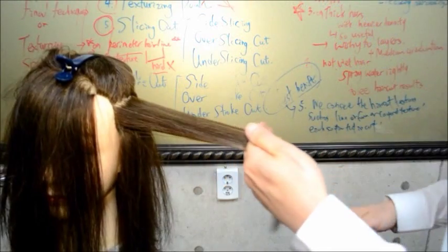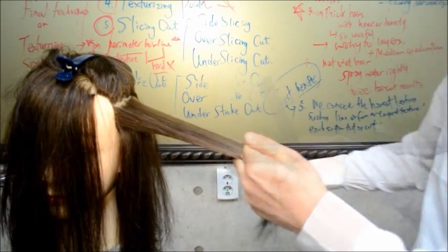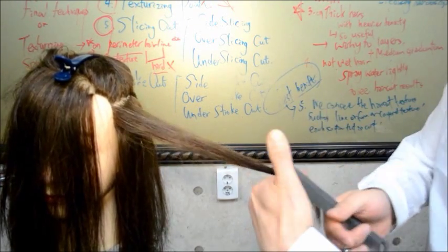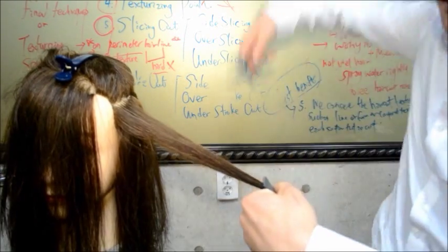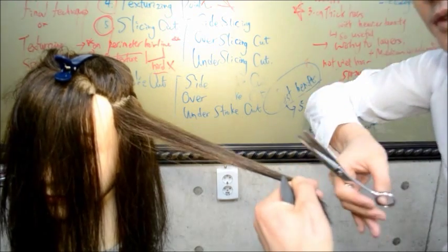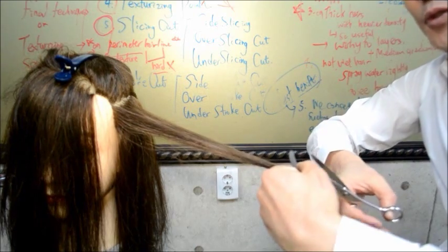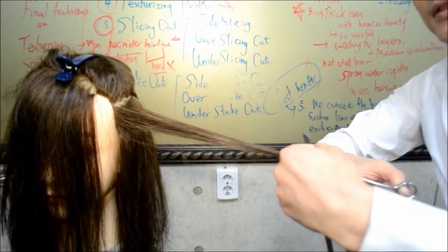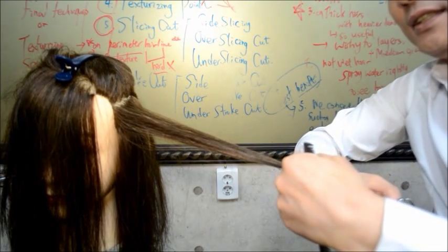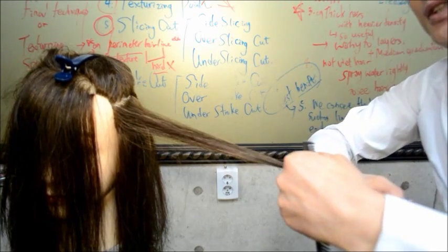Let me show the stroke in another position. Press, put the hair and turn this way. Open your scissors on the two fingers, slide, cut and open, cut and open.